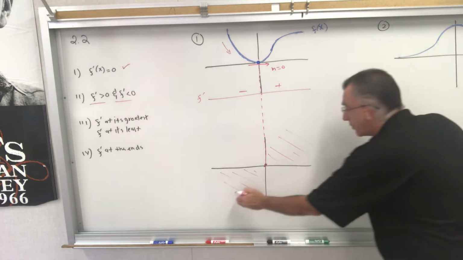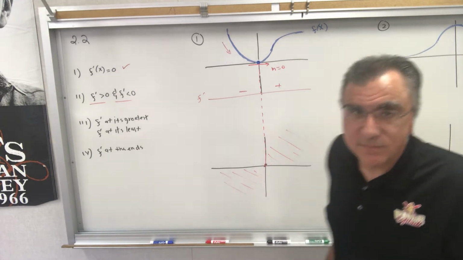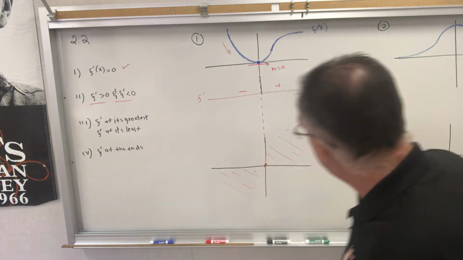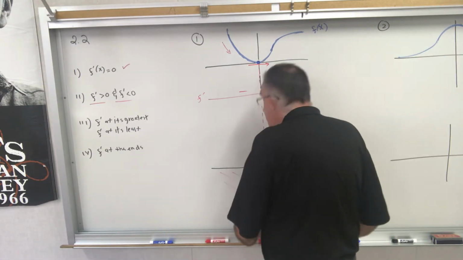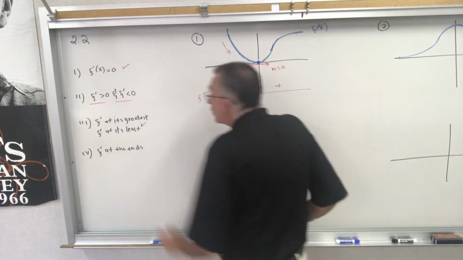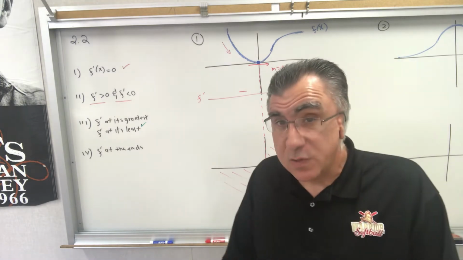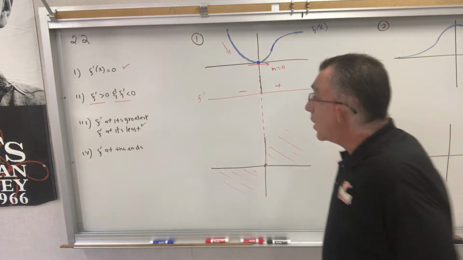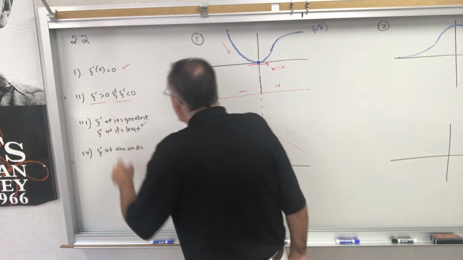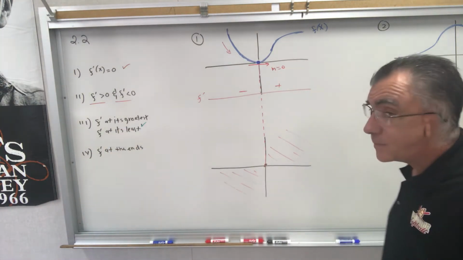Now, that doesn't tell us a whole lot, really. The graph has to go from here to here. Now, we want to make it a little fancier than that, right? And then the next one, I'm going to switch colors here. We're going to learn later on, this has a lot to do with what's called the second derivative, but don't worry about that for right now, okay? When will the derivative be at its greatest or its least?